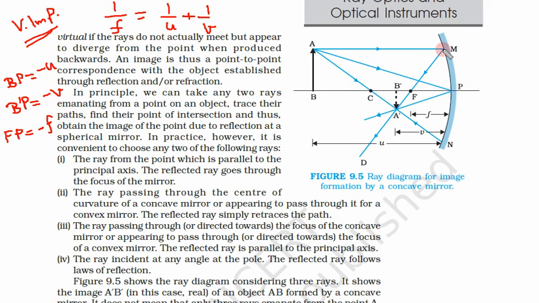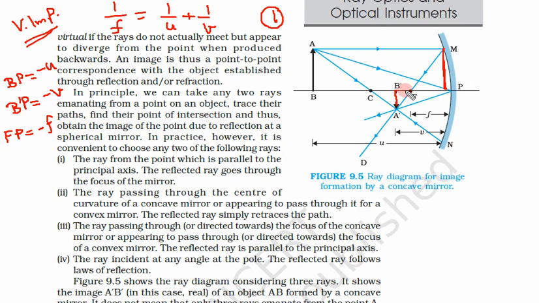What is the first step? After putting this approximation that this is a straight line and writing these distances, let us understand the first step. In the first step we have to take 2 triangles. What are these 2 triangles?